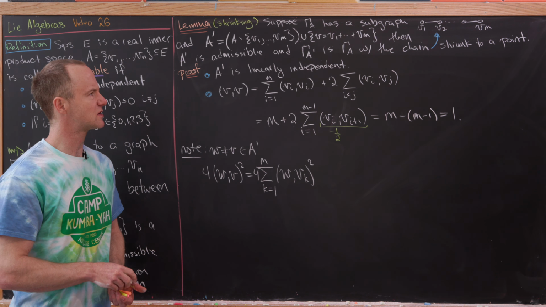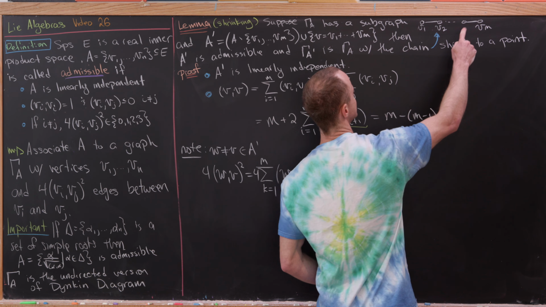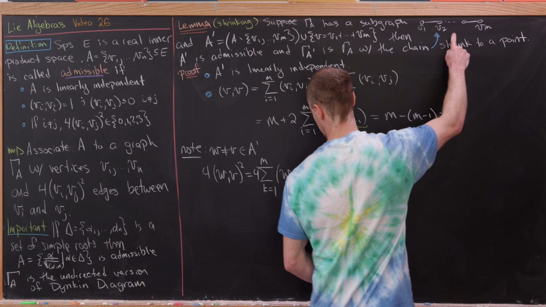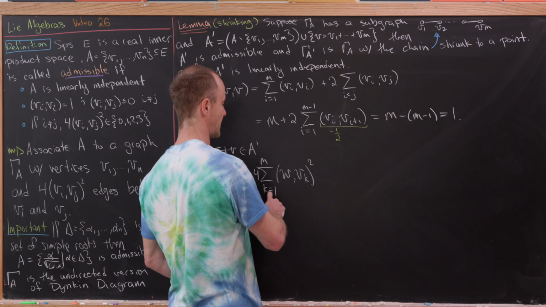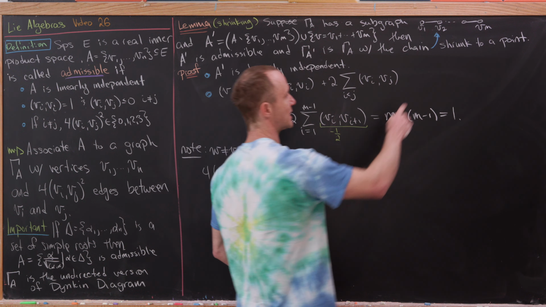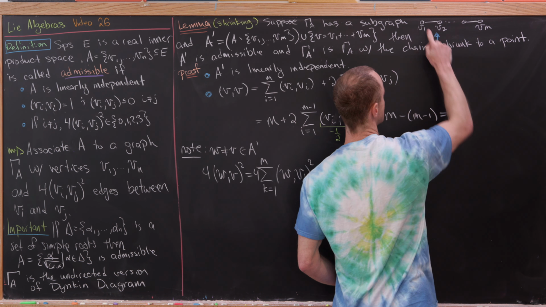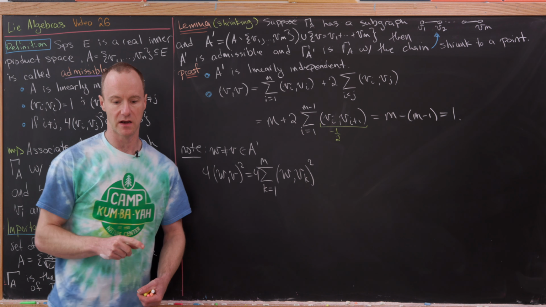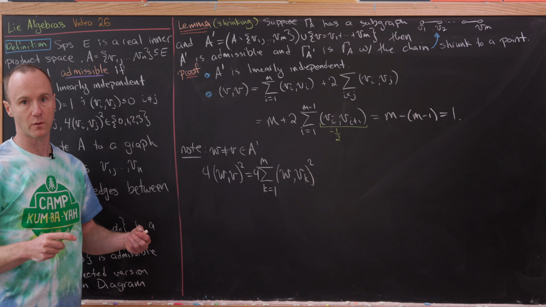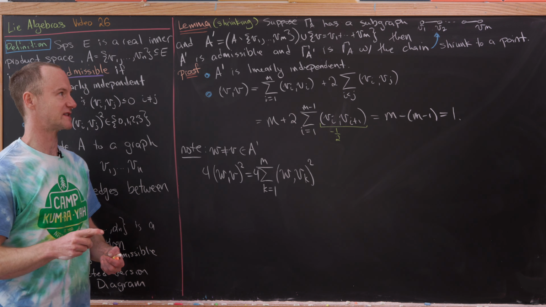But now let's go up here to this picture and observe what's going on. We're putting a new vertex here, W, and we're looking at all the connections between the Vk's and W. But observe that only one of those can be non-zero, because if more than one of them were non-zero, we would have a cycle.